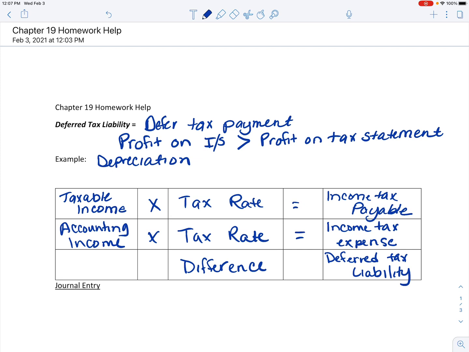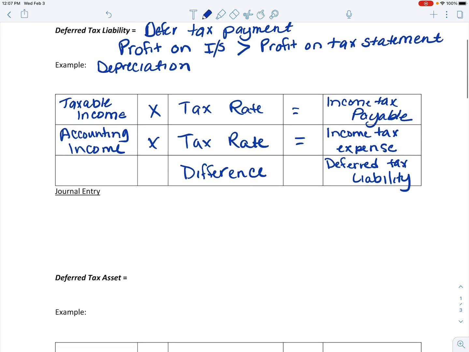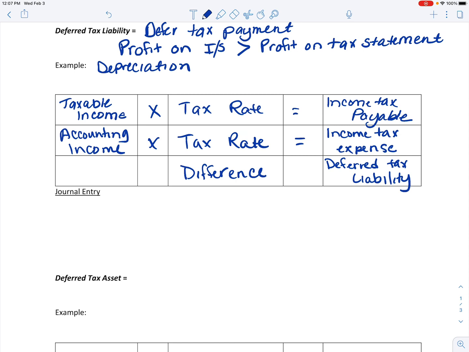So let's see what that looks like in a journal entry form. We're going to debit that income tax expense. This is a debit. And then we're going to credit our income tax payable.